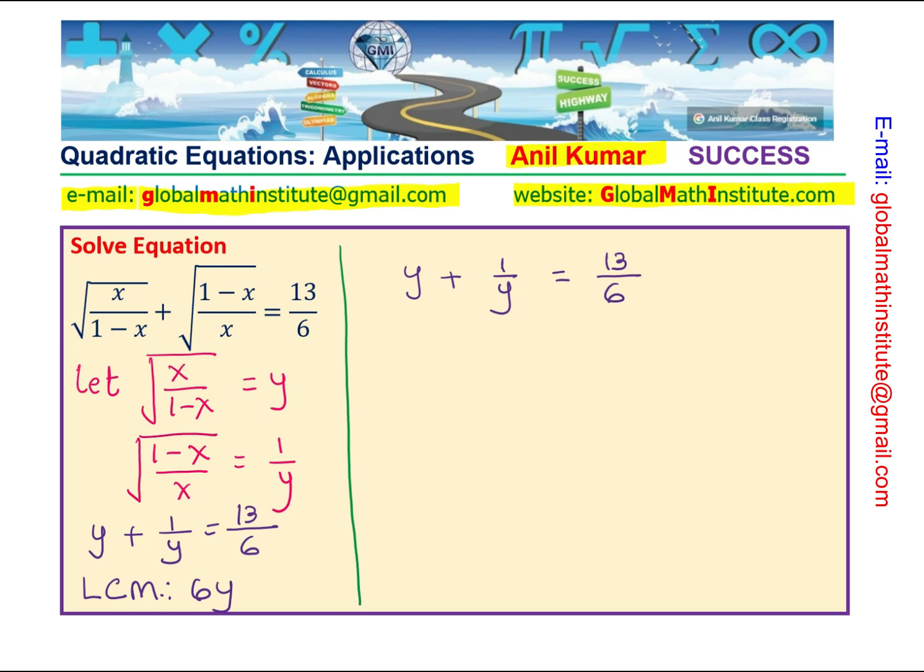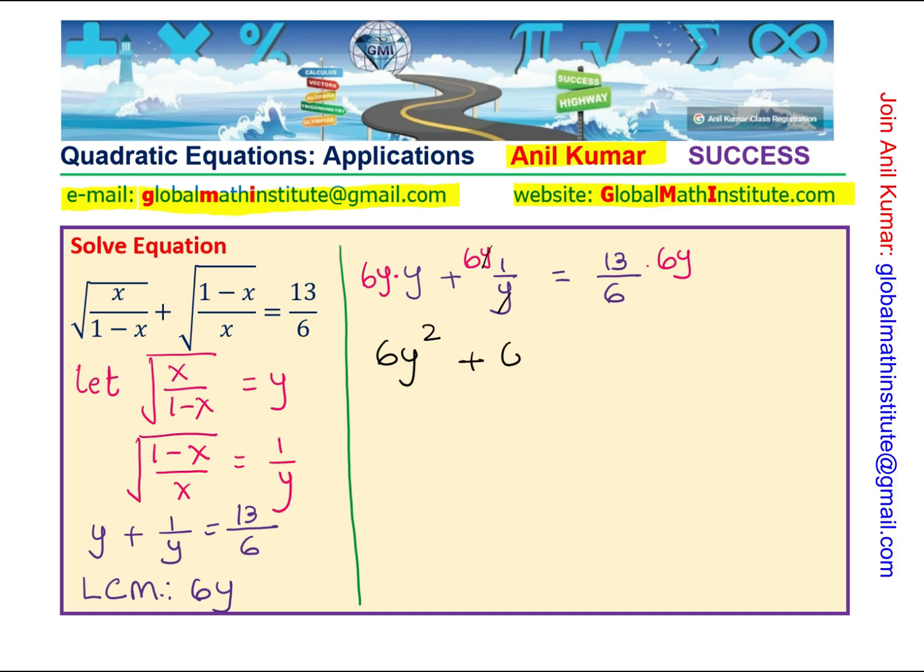If I multiply all the terms by 6y, what do I get? In the first term, I get 6y squared. Here y and y cancel, so I get plus 6. And here 6 and 6 cancel, so we get 13y. Do you see that? So we get a quadratic equation, and that's why I've taken this in quadratic equations applications. I hope it makes sense.